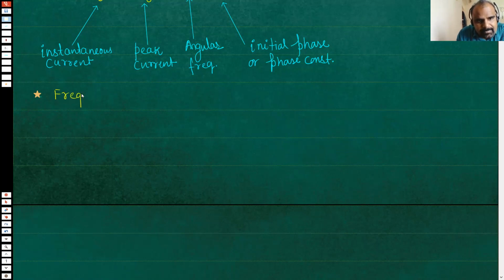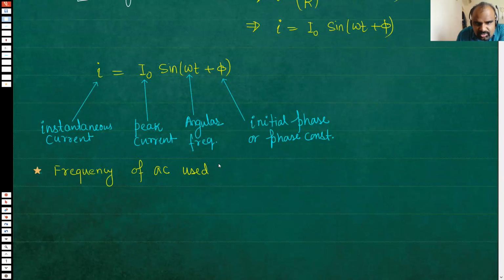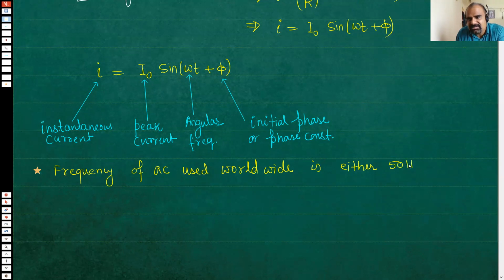Frequency of AC used worldwide, in all countries, is either 50 hertz, or in some countries 60 hertz AC is also used.